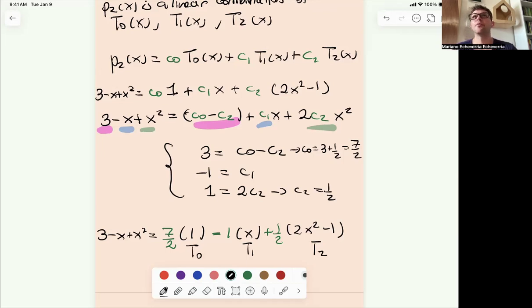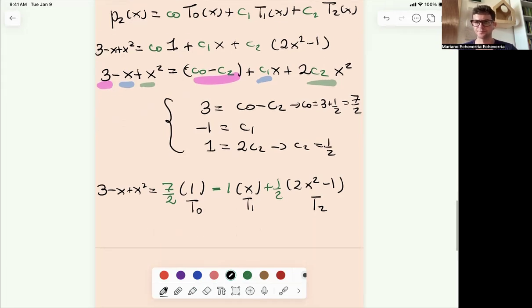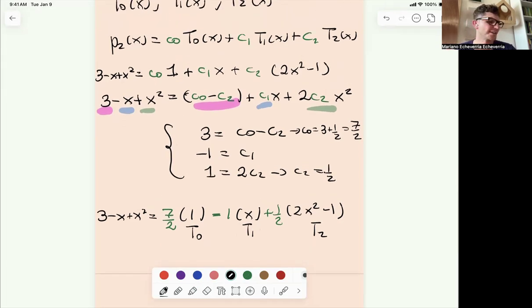Any polynomial of degree n will be a linear combination of Chebyshev polynomials because of this fact. I'll add some more problems today on the PDF guide, so you can work some of these out. That's the idea in general.